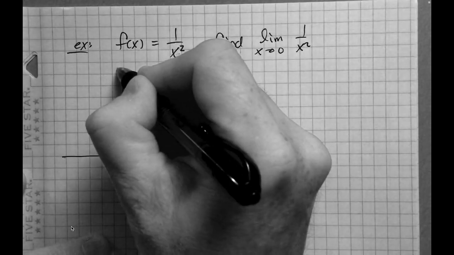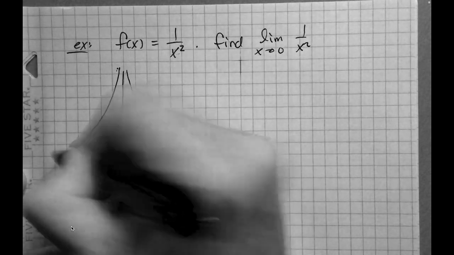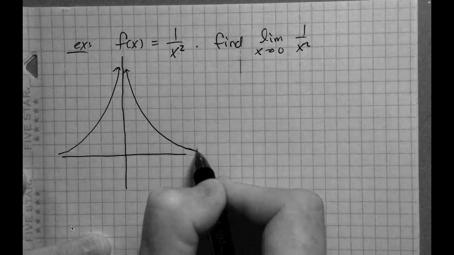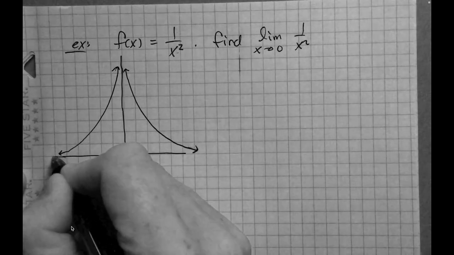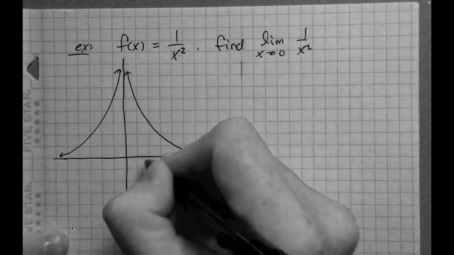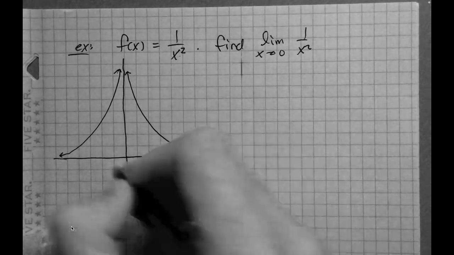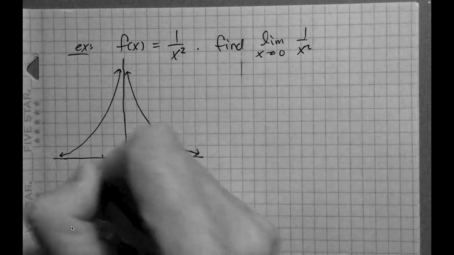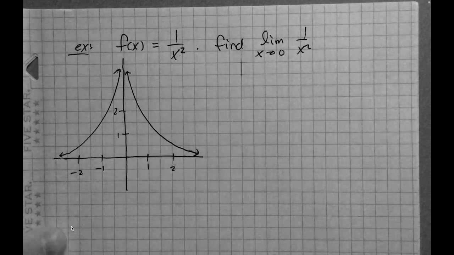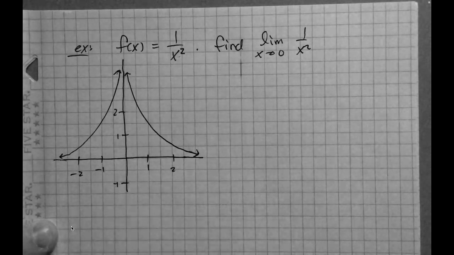Maybe you would have anticipated this, but the graph is asymptotic at x equals 0. Here you've got 1 and 2, negative 1, negative 2, and of course 1, 2, and so on, and then negative 1 down here, just to be thorough.